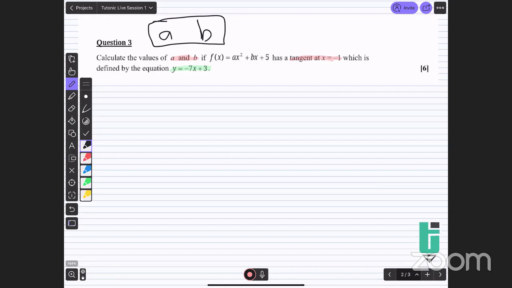Anyone want to give it a try? The gradient of the tangent is -7. The gradient of the tangent is -7, but I want more. Because the tangent is a straight line, it's always going to be -7. But I want something more. Rivka, what do you think?